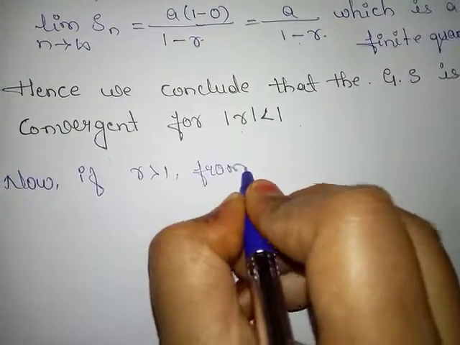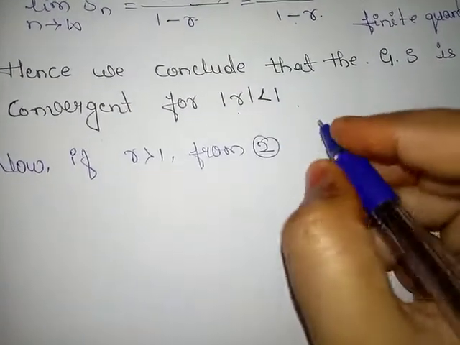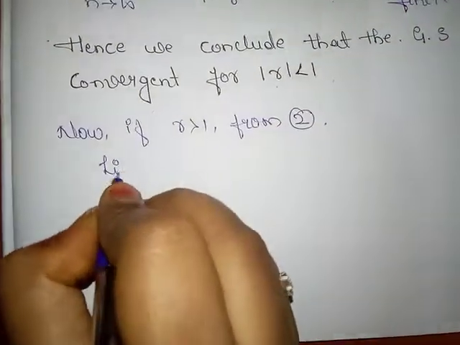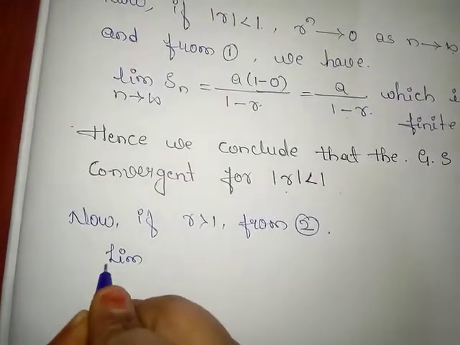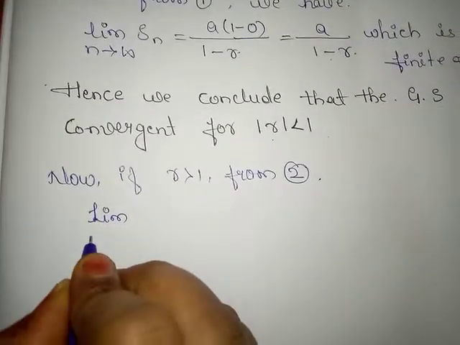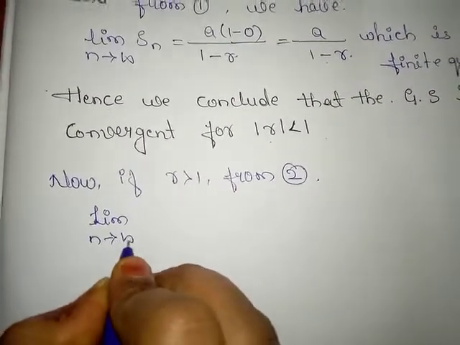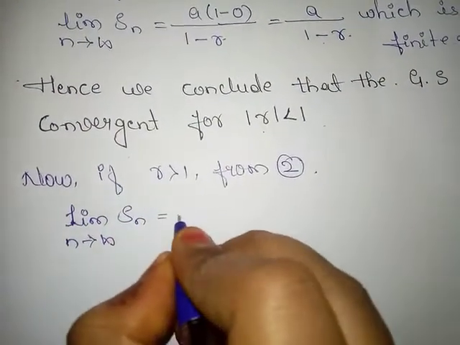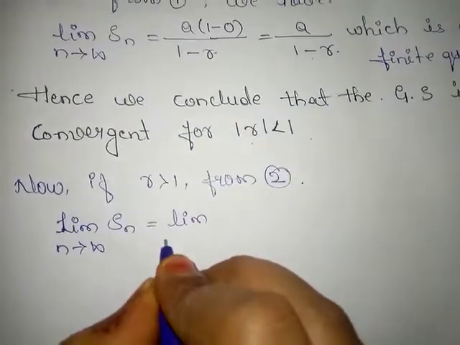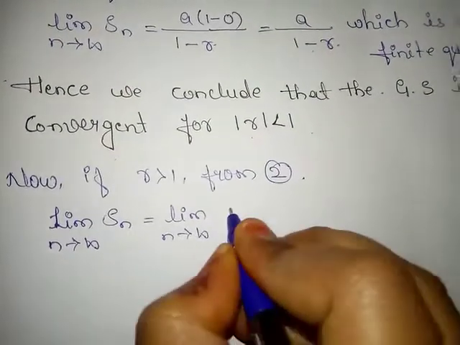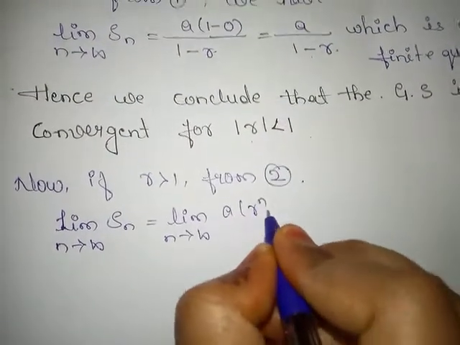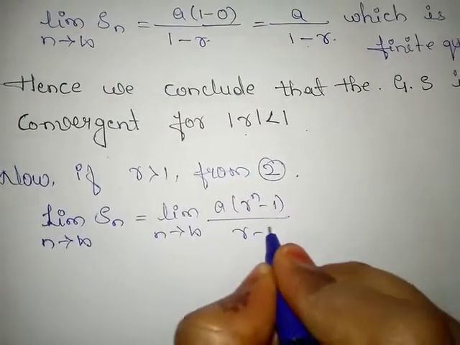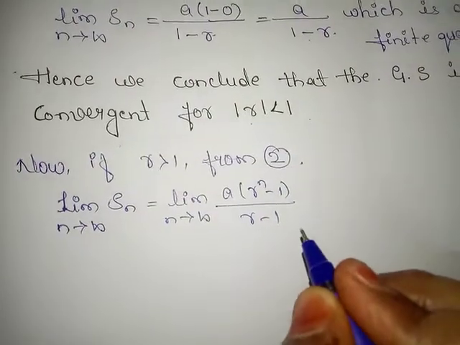From result 2 we get limit n tends to infinity Sn is equal to limit n tends to infinity a into r raised to n minus 1 divided by r minus 1.